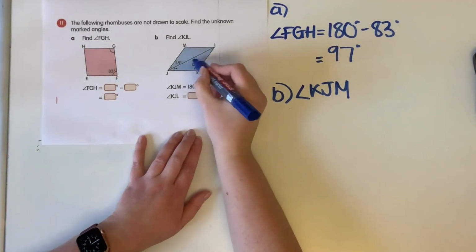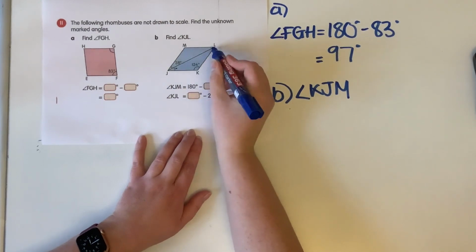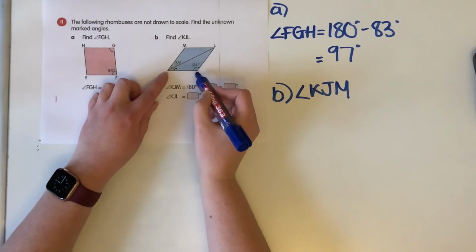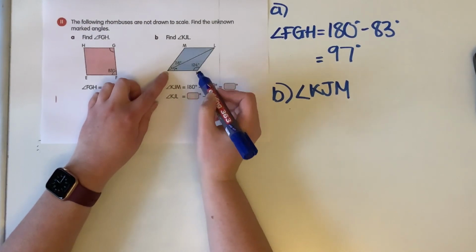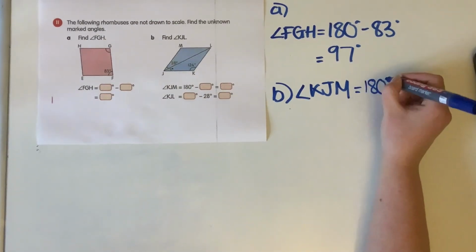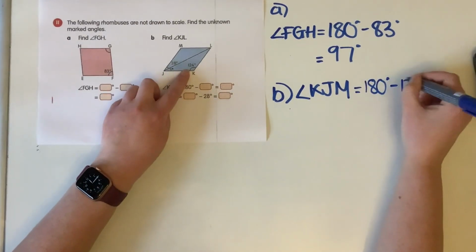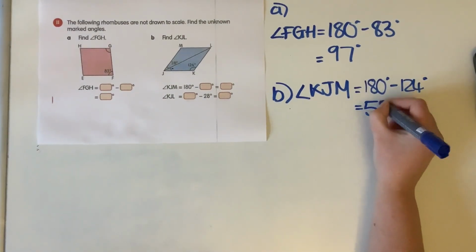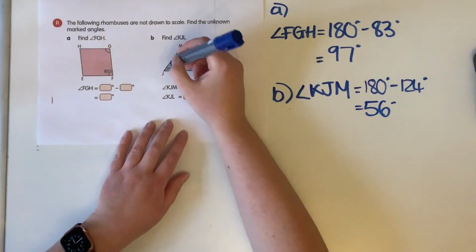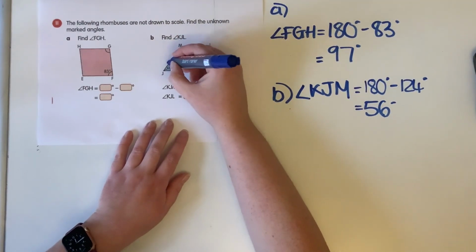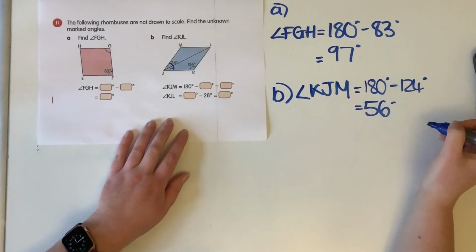And because I've been told this angle, JKL, and I know that the pairs of angles on opposite parallel sides add together to equal 180 degrees, what I can do is 180 degrees subtract this angle, 124 degrees, giving me the answer of 56 degrees. So the whole of that angle, KJM, if I just draw a line there, measures 56 degrees.